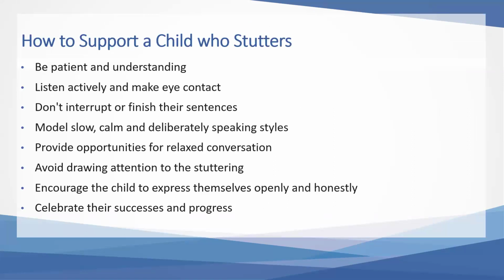We ourselves as speakers want to model slow, calm, and deliberate speaking styles. We want to provide opportunities for relaxed conversation. Avoid drawing attention to the stuttering in negative ways. Encourage the child to express themselves openly and honestly at all times, and celebrate their success and progress as it comes.